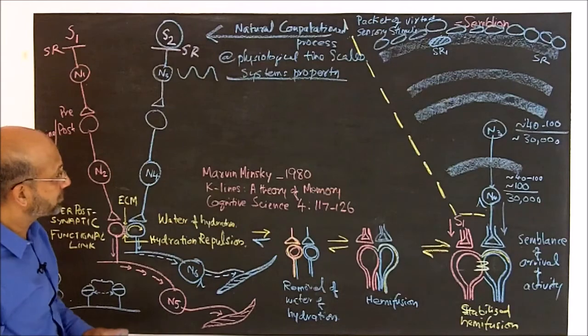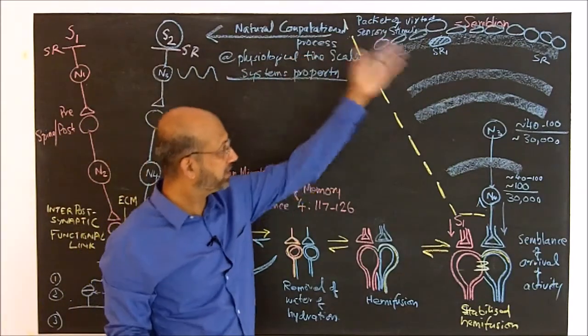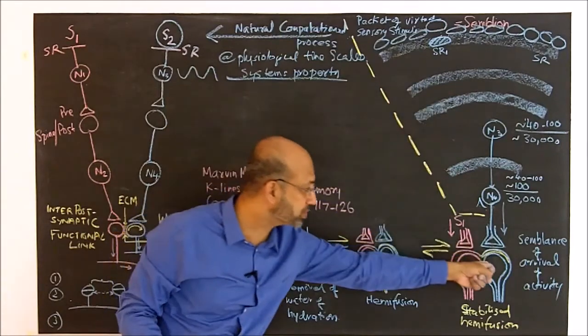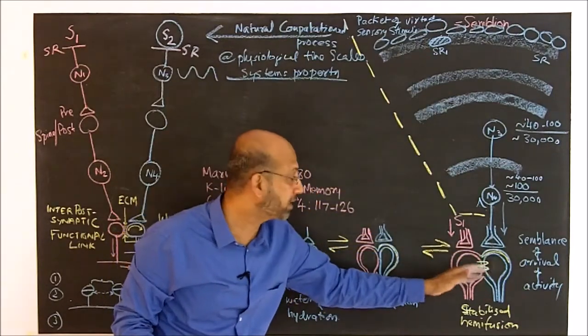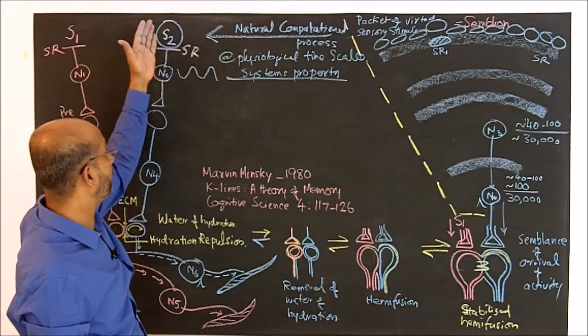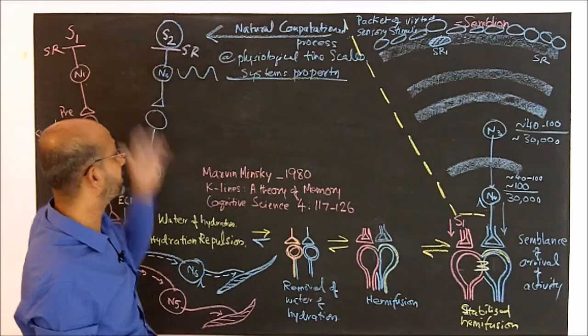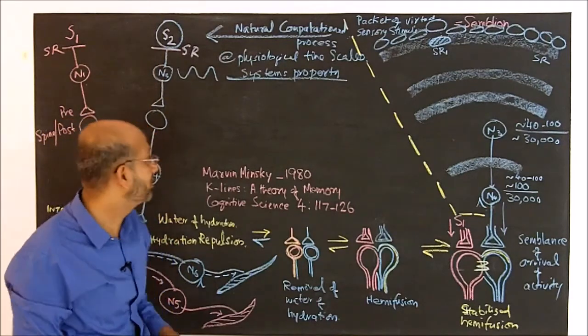So in those systems, this natural computational process occurs between the semblyons that are induced at a large number of interlinked spines to generate the framework of virtual inner sensation of the second sensory stimulus.